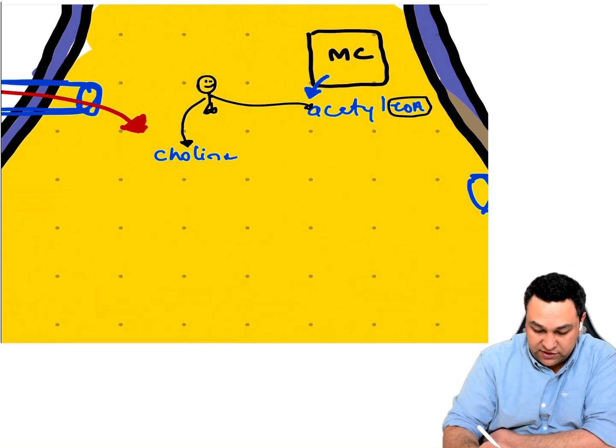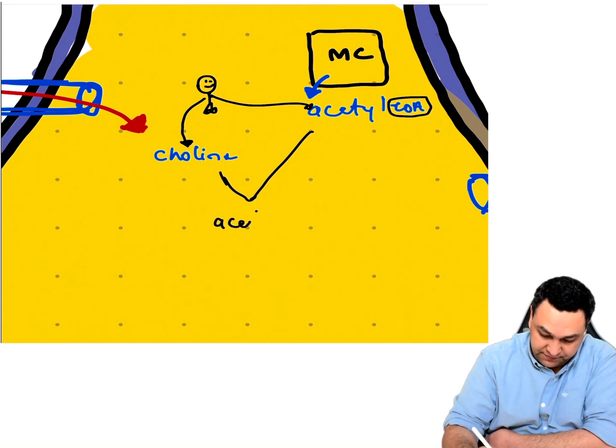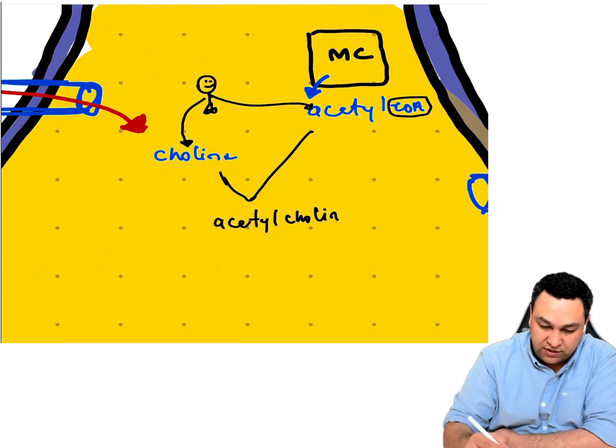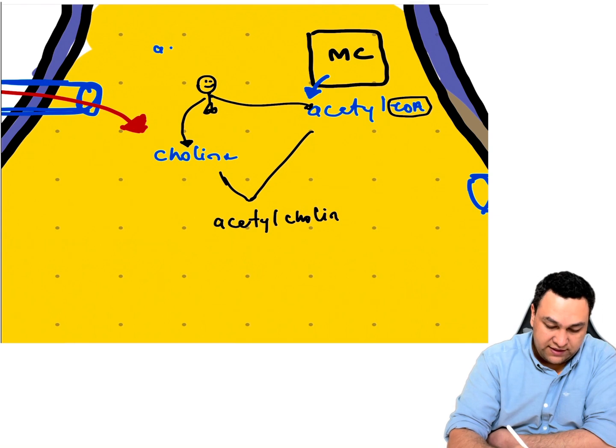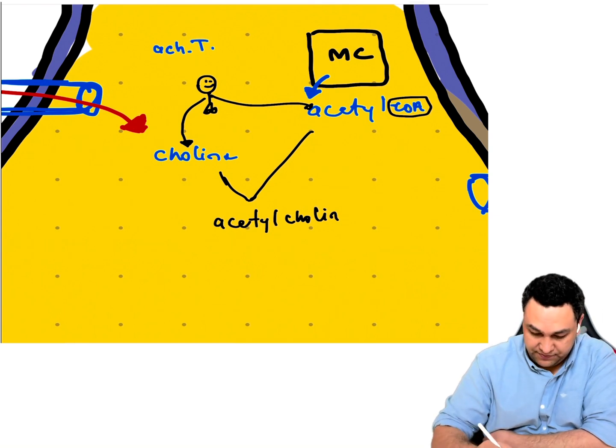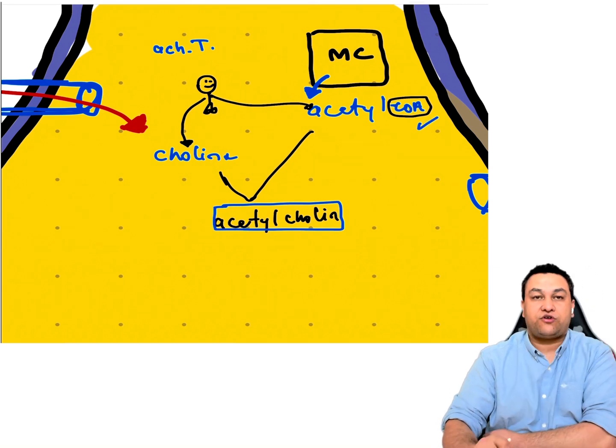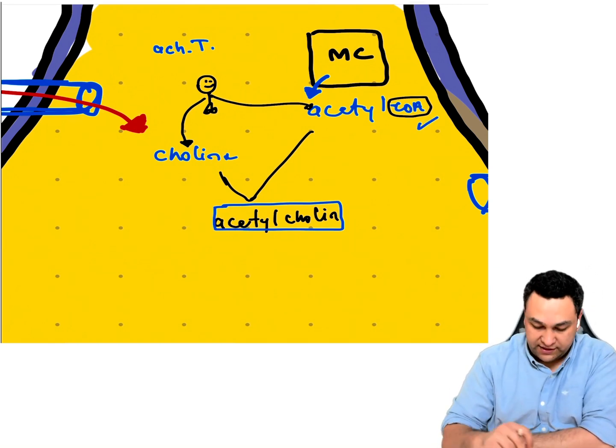As they join with each other, there will be formation of acetylcholine. This is how acetylcholine is synthesized with the help of choline acetyltransferase. And in this reaction, the CoA group was removed and released.